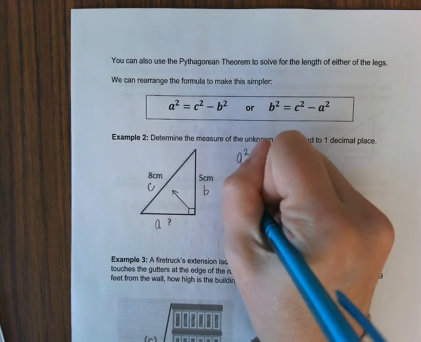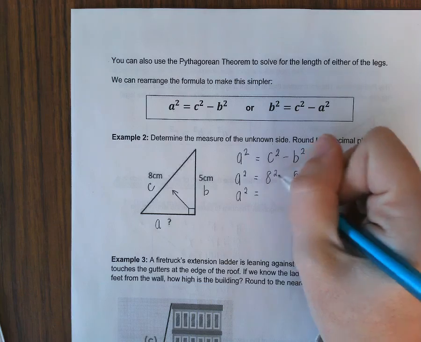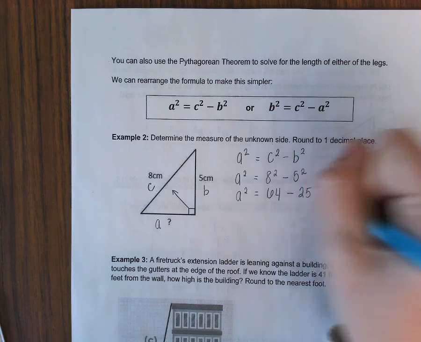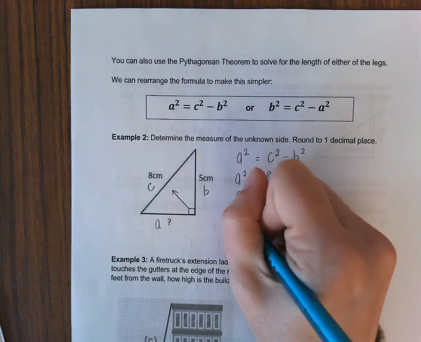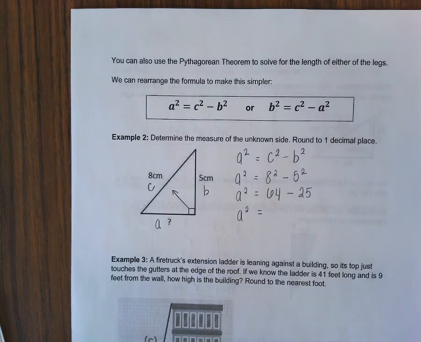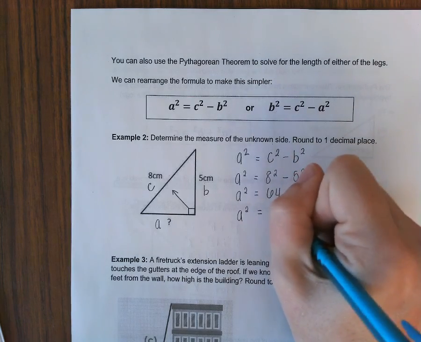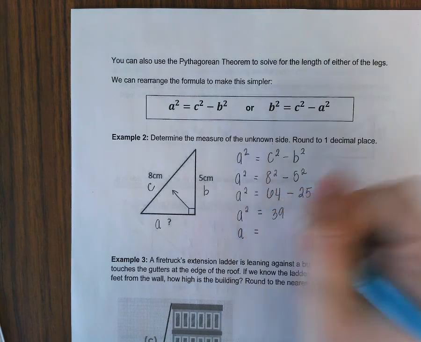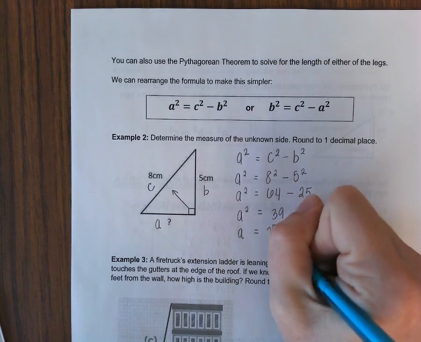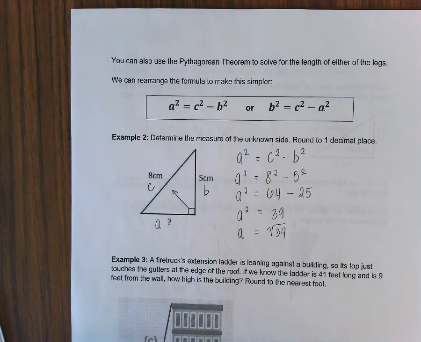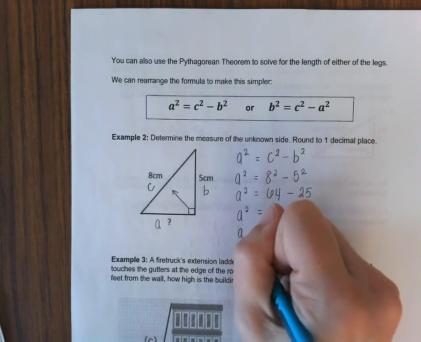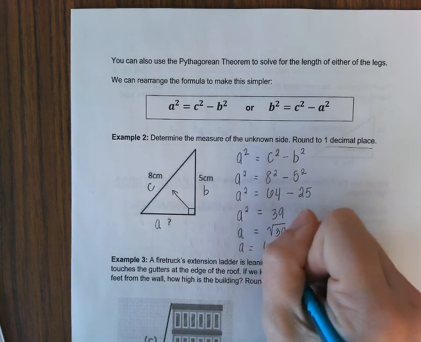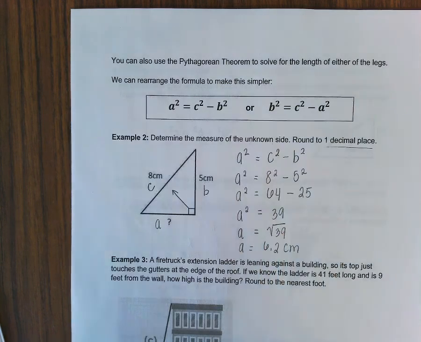So a squared is equal to 8 squared is 64, and 5 squared is 25. When you do that subtraction, you're left with a squared is equal to 39. And then you're going to take the square root of both sides. So a is equal to the square root of 39. And when you put that in a calculator, you'll notice in the question, it asked you to round to 1 decimal place. So it's 6.2 centimeters.